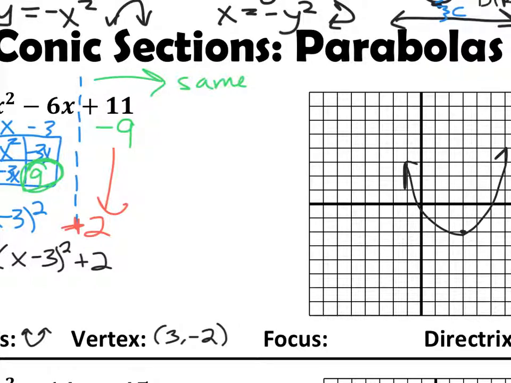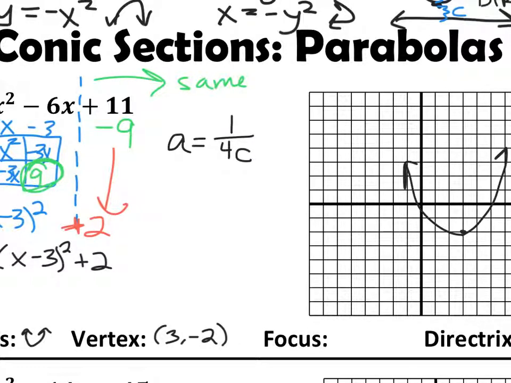But I need to graph two other things, which is something called the focus and the directrix. So the formula for this is that A in my equation equals 1 over 4C. C is my distance from my vertex to the focus and the vertex to the directrix.